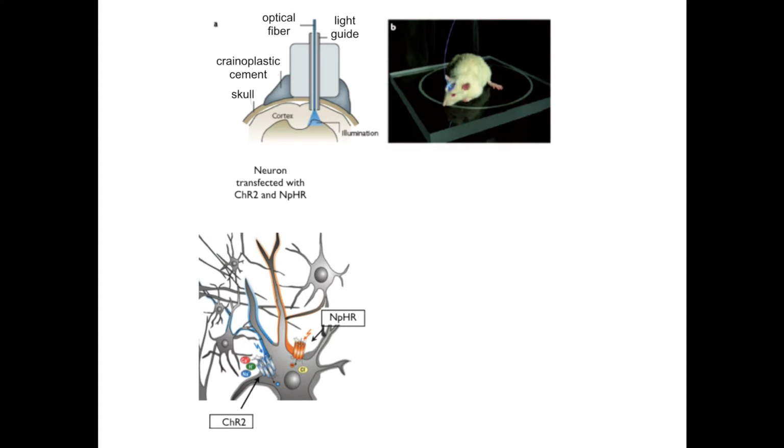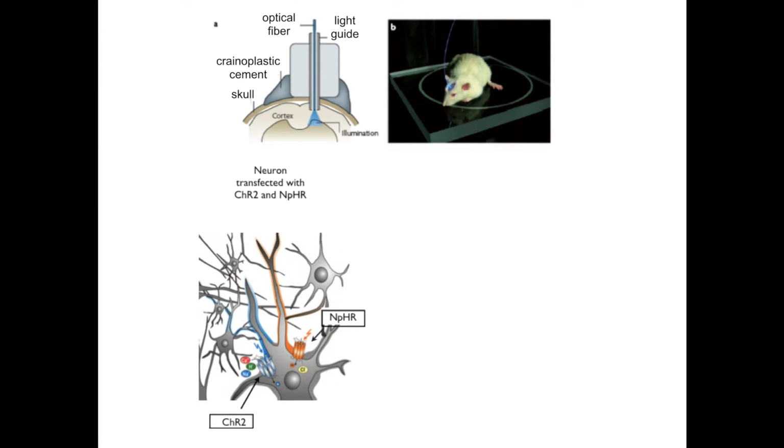After the neurons in the brain have been transfected with the microbial rhodopsins, the neurons can be excited with blue light if the neurons contain channel rhodopsin 2, or inhibited by yellow light if they contain halorhodopsin. This slide shows a neuron transfected with both channel rhodopsin 2 and halorhodopsin.